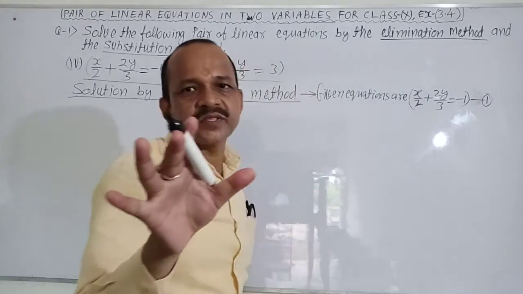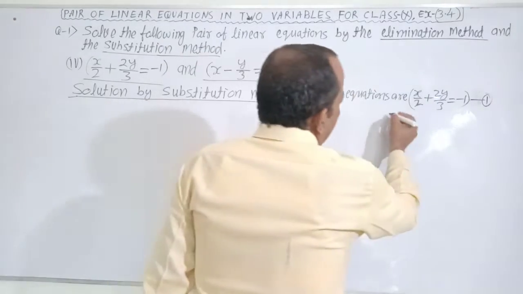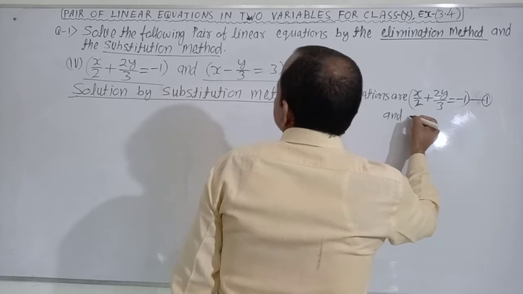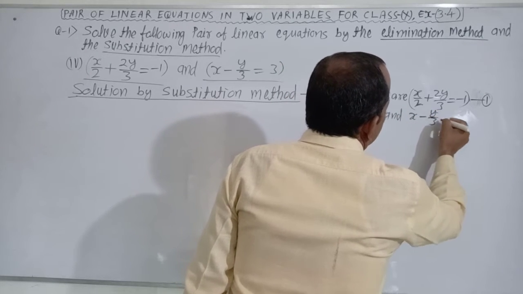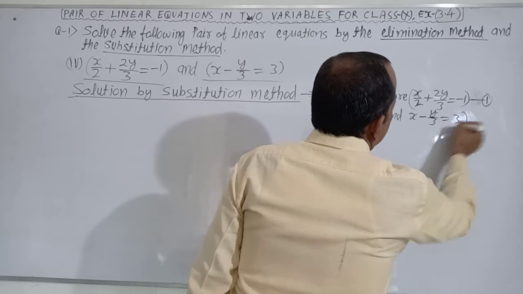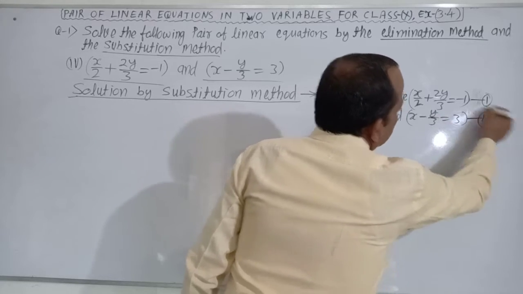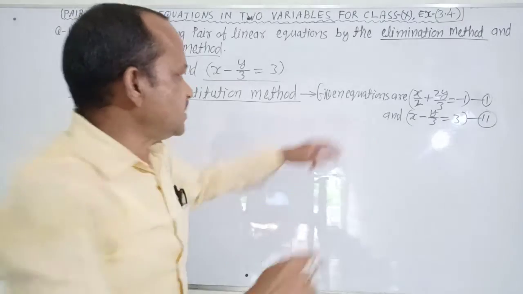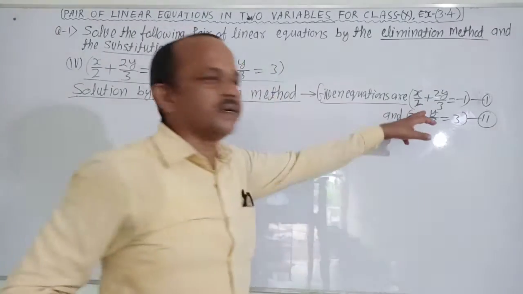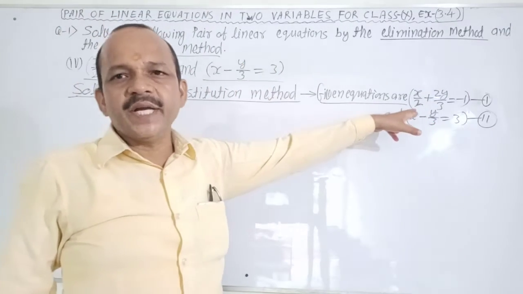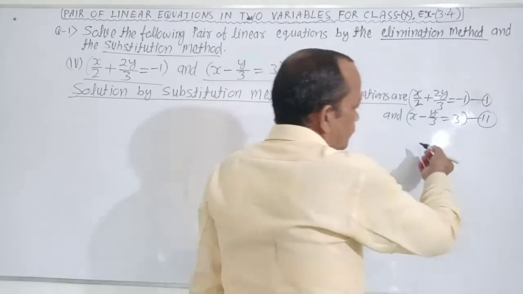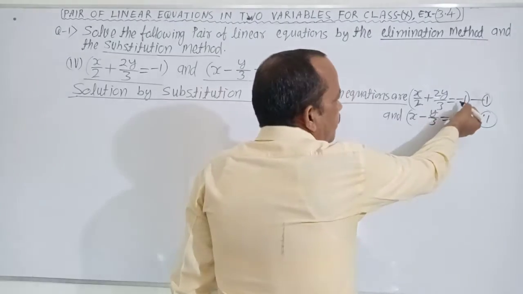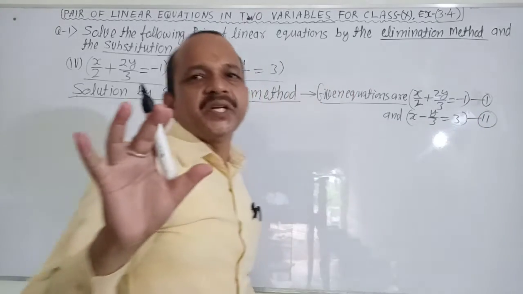And x minus y by 3 equal to 3. It is equation second. Equation first and equation second are clear, no confusion about it.